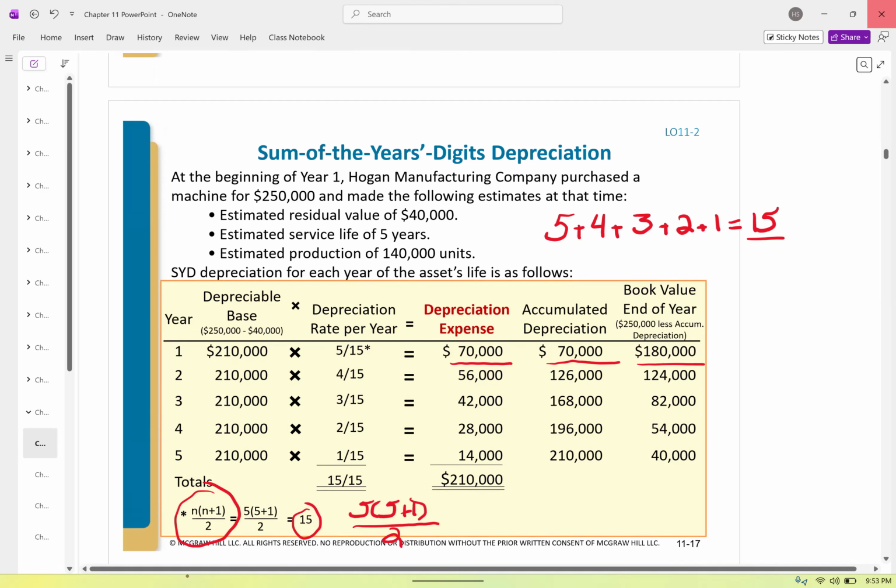It's not double declining balance, so I don't need to bring that 180 down here. I just still use my 210 and multiply that in year 2 by 4 divided by 15. You can see the pattern: 5, 4, 3, 2, 1 for years 1 through 5. That ends up giving us a book value at the end of its life of 40,000.